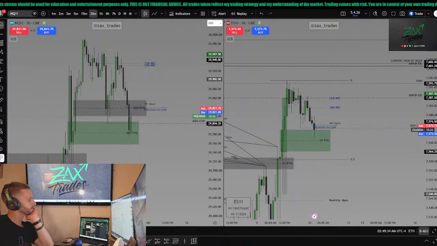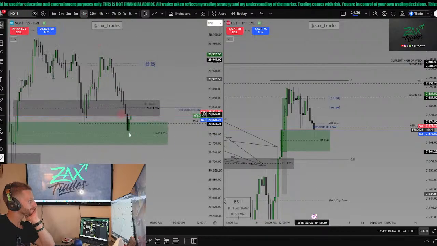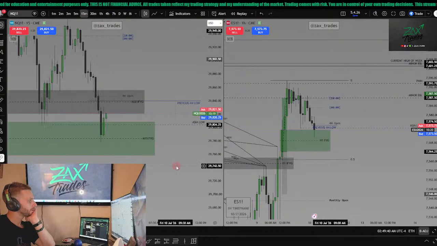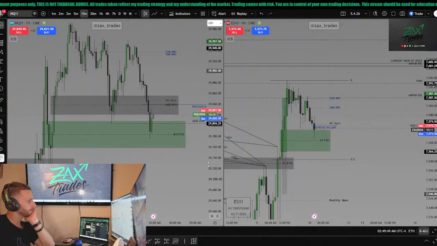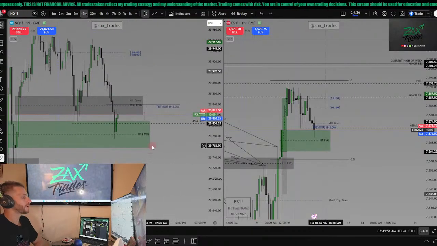We're gonna get it popping quick. I like this response off the 15 so far. It's holding the 50% line, which is consequent encroachment.